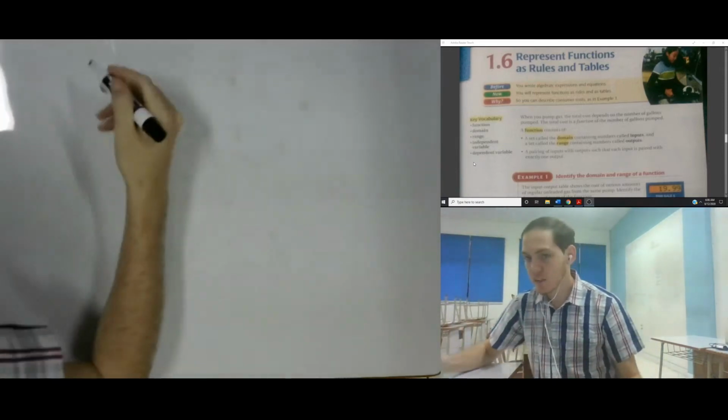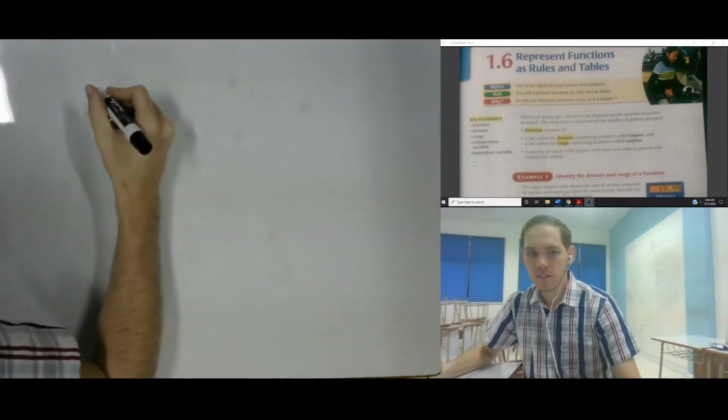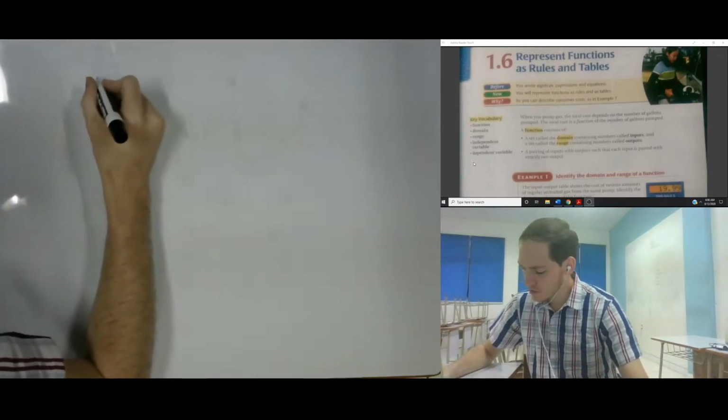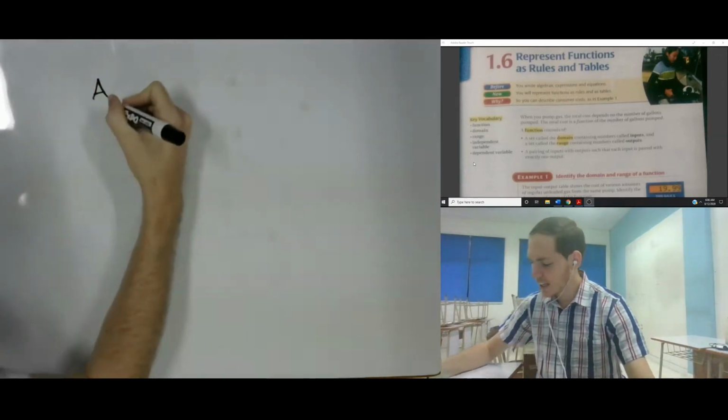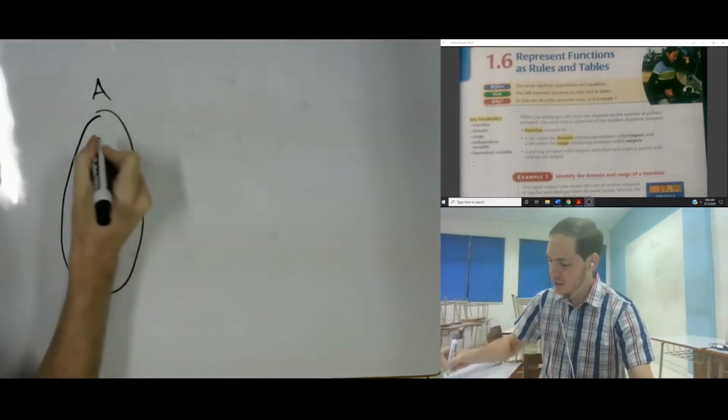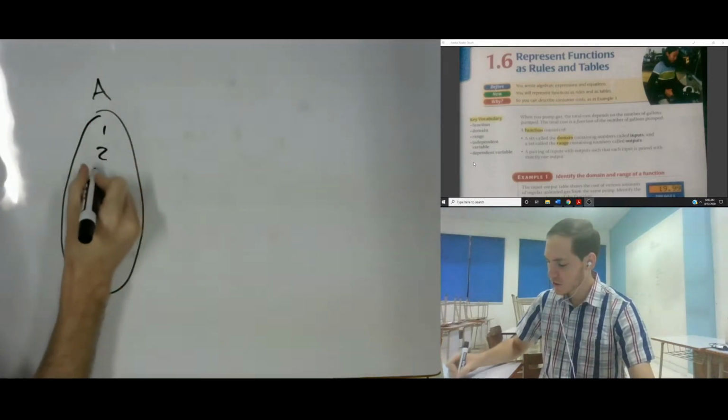Okay, so a function has a set. So let's call this set A of numbers. A set is a collection of numbers, so 3, 4.